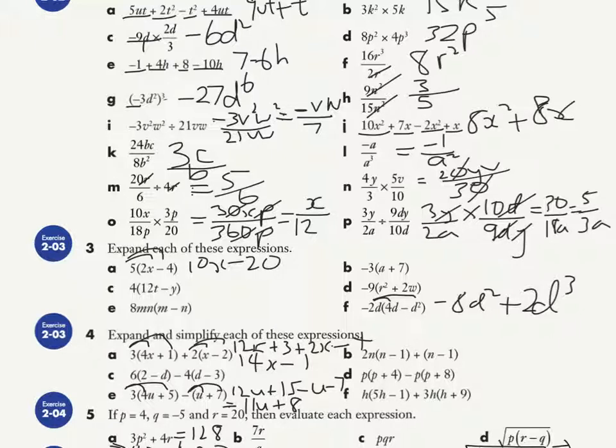Alright, 6, basically pi times 5 times in brackets 5 plus 8, which will obviously get us 13. Pi times 5 times 13 gets us 204.20, because we want 2 decimal places.